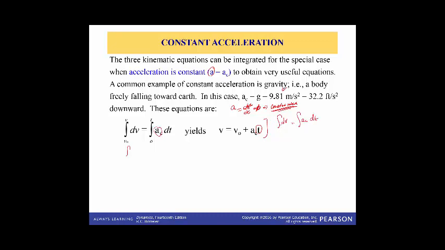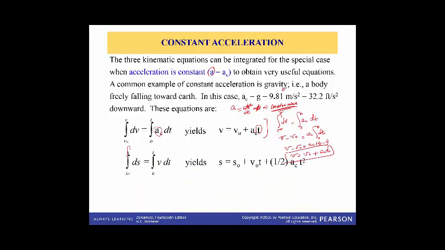Here the limits would be from v0 to v, and this is from 0 to t. So this would be v minus v0, and ac goes outside, and then you have dt from 0 to t. So this would be ac t minus 0, so v minus v0 equals ac t. So v equals v0 plus ac t. So that's the derivation of that expression.